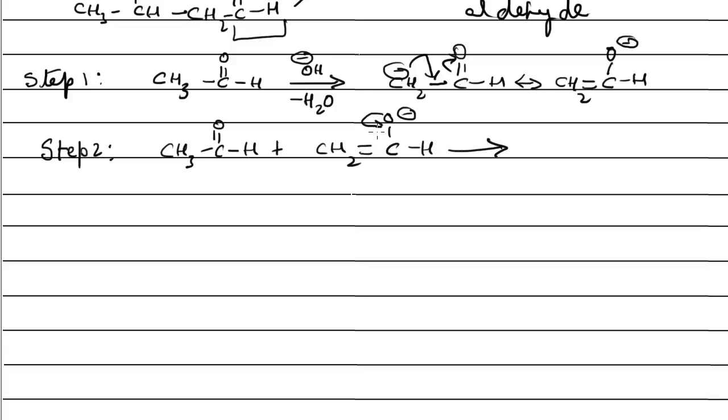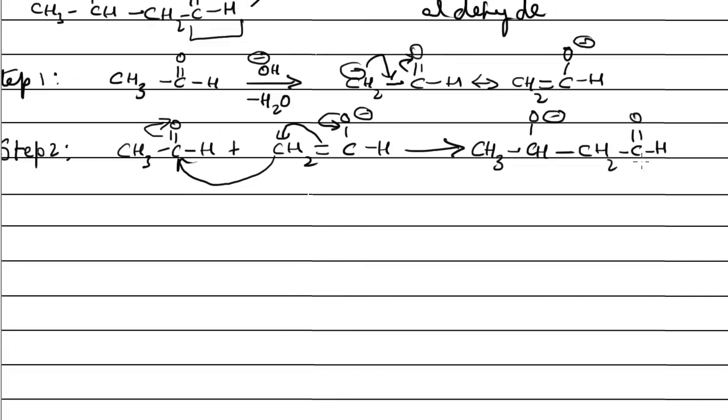Now this bond moves to the carbon, the carbon attacks, and this bond moves to O, and you get CH3 CH O negative, CH2 C double bond O H. So this is the product formed when these two react.